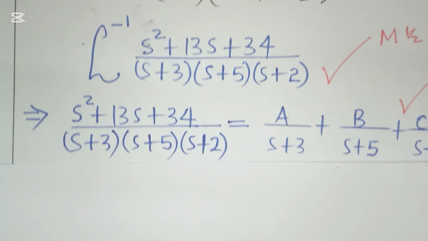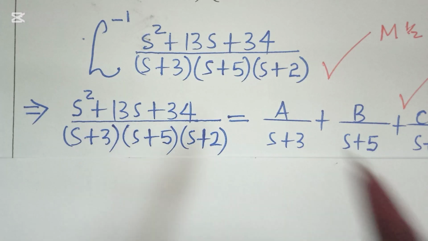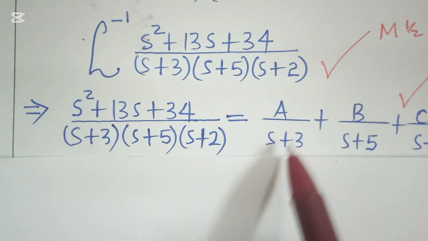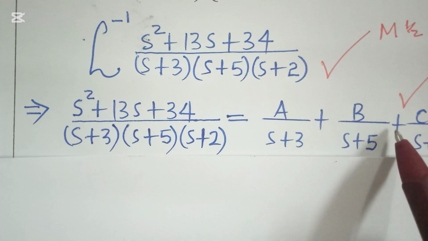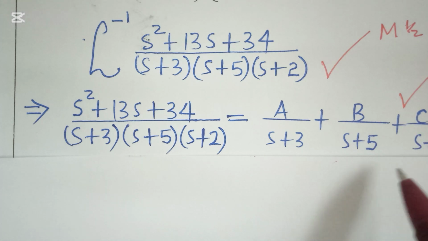Finding the partial fraction, this is how we would write it: A all over s plus 3, plus B all over s plus 5, plus C all over s plus 2.